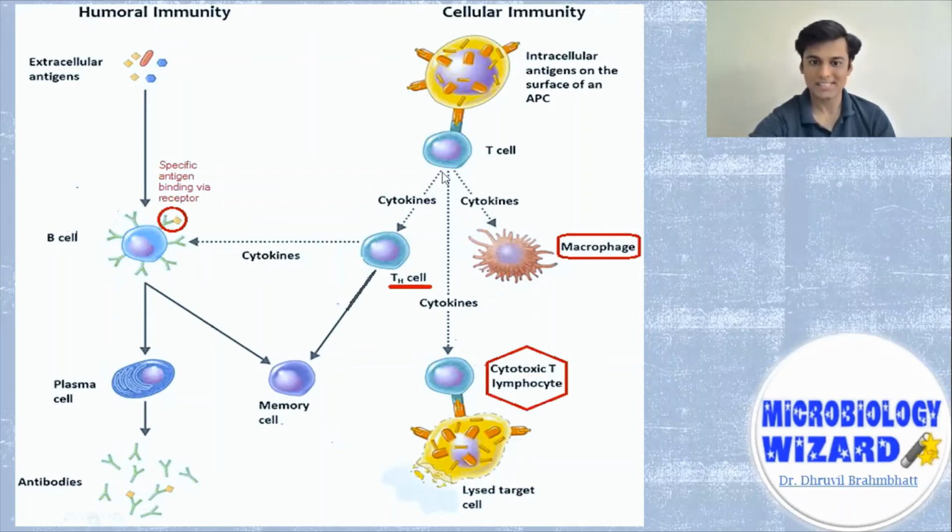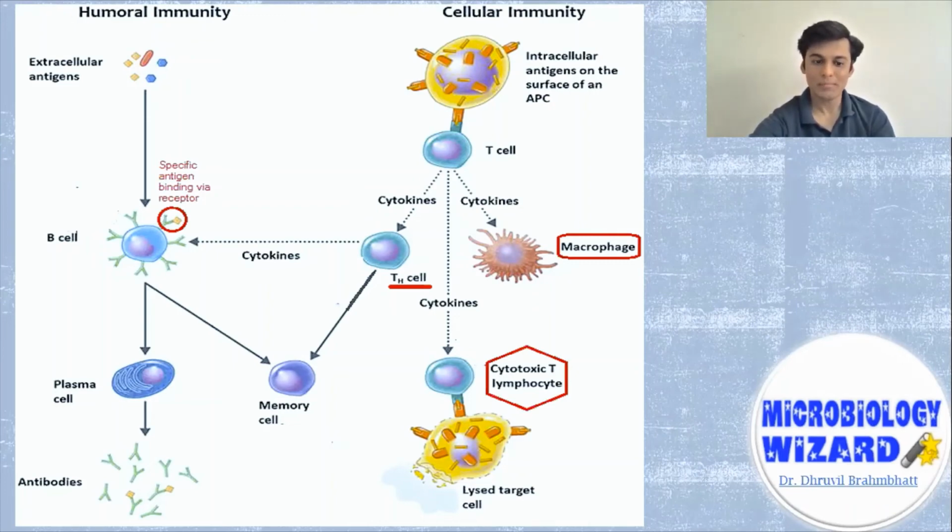The activated T cell releases cytokines, which in turn activate the T helper cells and macrophages, following which the T cell transforms into cytotoxic cells. These cytotoxic T cells induce apoptosis in the infected cells and eliminate the intracellular pathogen. So in this way, the cell-mediated immune system works.